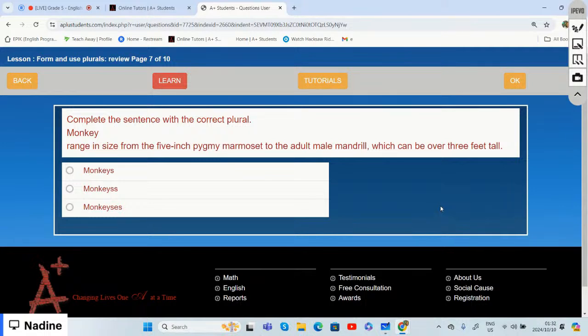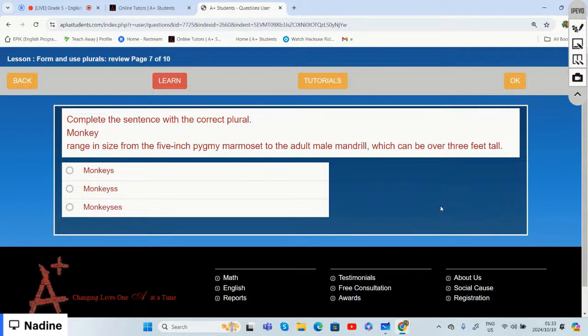All right. It says monkey range in size from the 5-inch pygmy marmoset to the adult male mandrill, which can be over 3 feet tall. So here it says monkey range in size from the 5-inch. Is it monkeys?